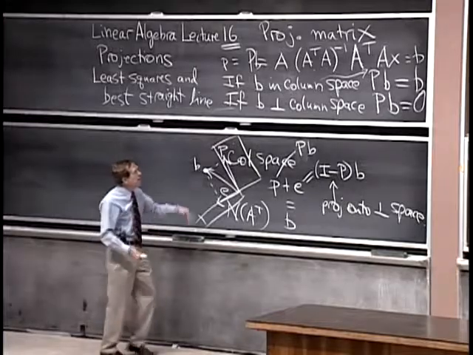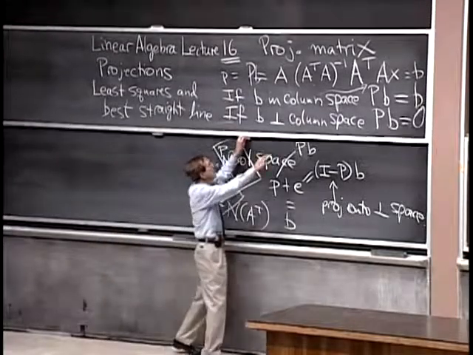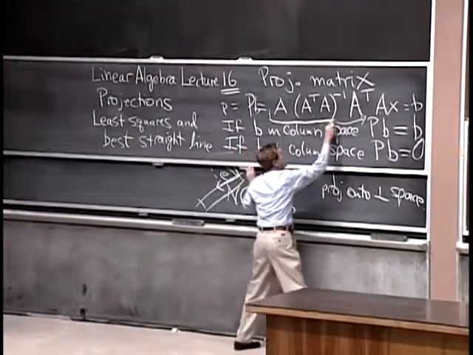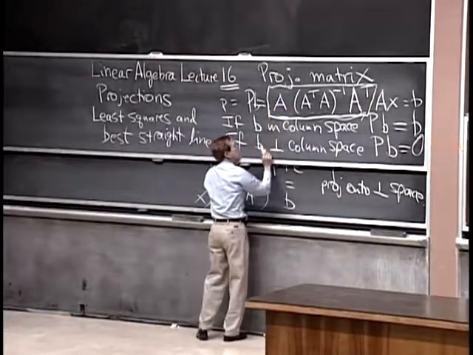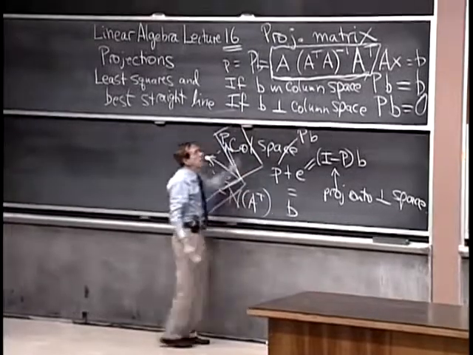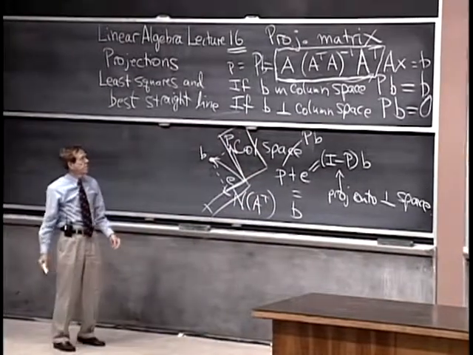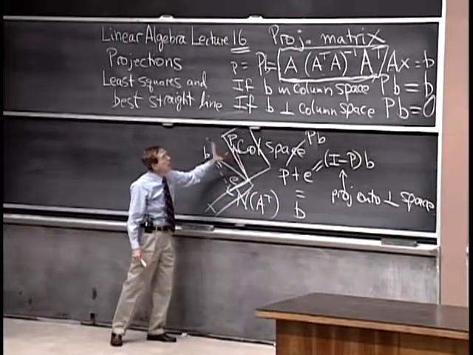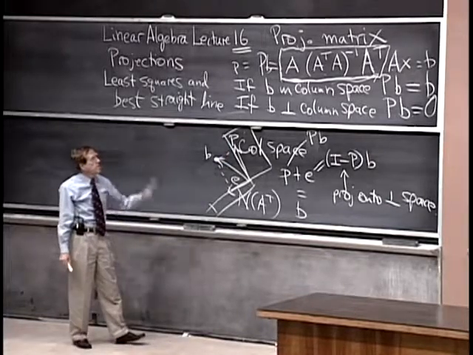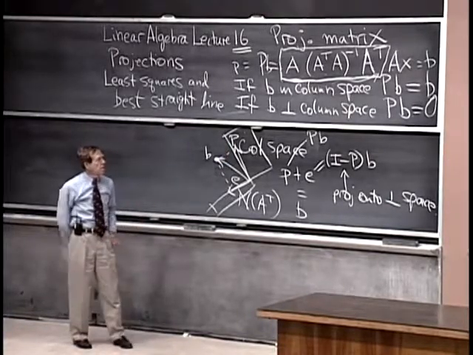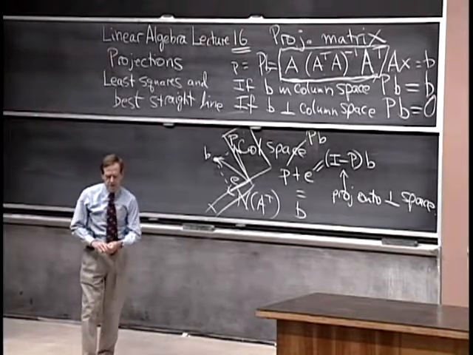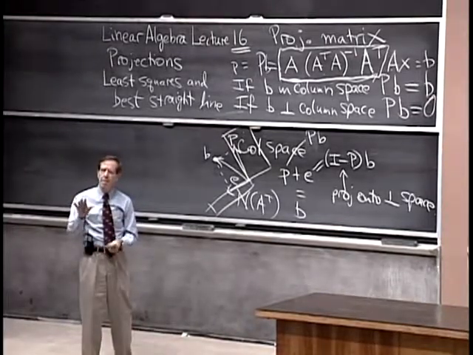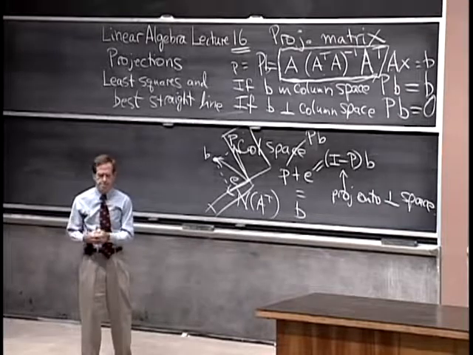But the algebra leads to this expression. That expression for P given a basis for the subspace, given the matrix A whose columns are a basis for our column space. Okay, that's recap because you need to see that formula more than once. And now can I pick up on using it?